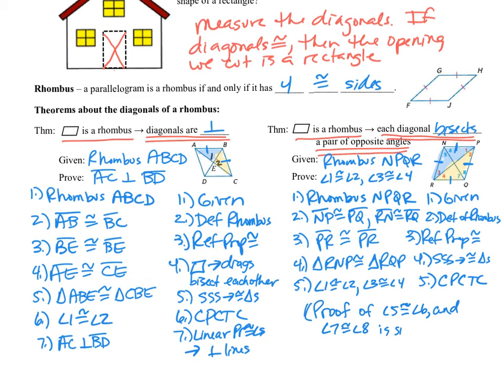We're not going to take time to write that proof, but it would be very similar to the proof that we just did. So in other words, we basically proved that anytime we have a parallelogram that's a rhombus, each diagonal bisects a pair of opposite angles.